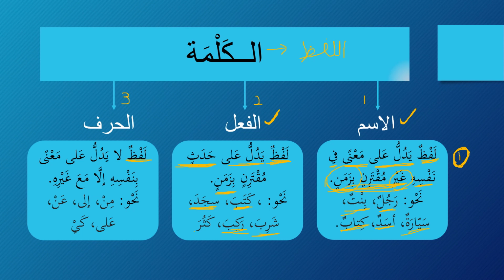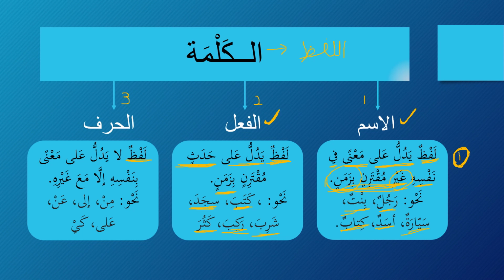So kasura, to be plenty. So when something is plenty, like kasura alma, the water is plenty, is much. So all these things are referring to an event. So they are called what? They are called al-fi'l, al-af'al. The jamu of fi'l is af'al.